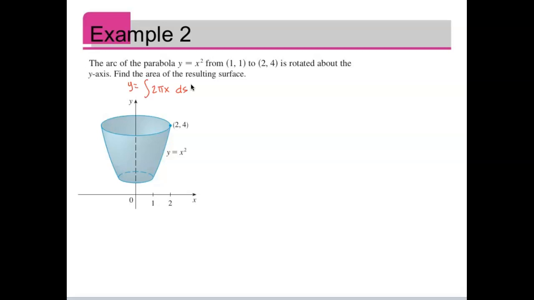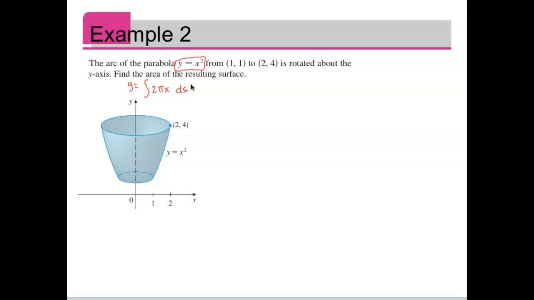So it doesn't really matter which axis you're rotating across. What matters is how are you given your function. If it's given as a function of x, go ahead and integrate with respect to x. If it's given as a function of y, then it's fine. Go ahead and integrate with respect to y, whichever is easiest. This is given as a function of x already, right? It's y equals x squared. So I would want to integrate with respect to x, which is fine.